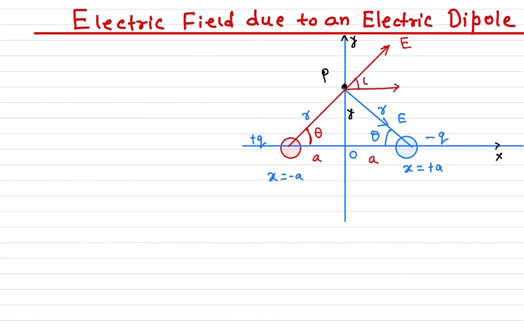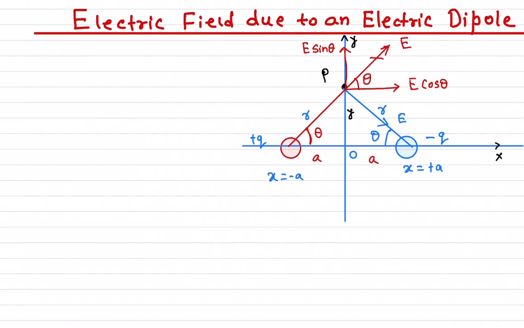As this angle is theta, this angle will also be theta, and this component will be E cosine theta, and along the y-axis, the y component will be E sine theta.